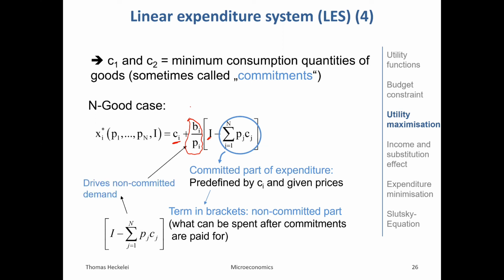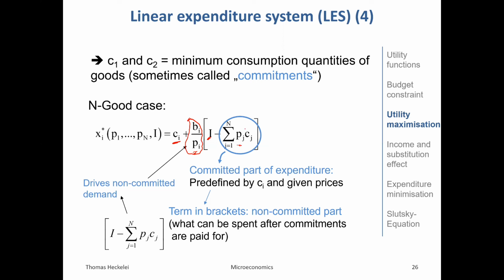So when the minimum consumption quantity is predetermined, then the non-committed demand will depend on, first of all, the income change, and second of all, the price changes, not only of the good itself, but also other goods.